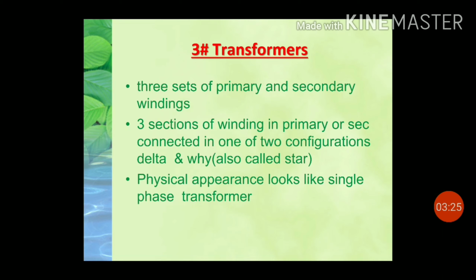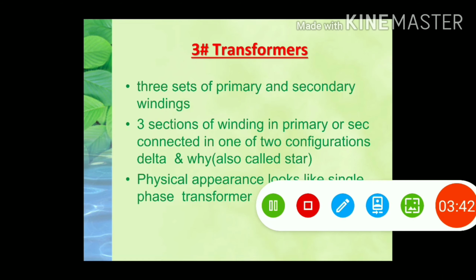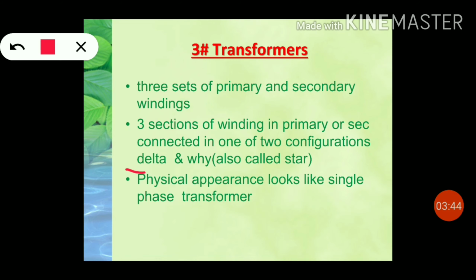A three-phase transformer has three sets of primary and secondary windings. The three sections of winding in the primary or secondary are connected in one of two configurations, either delta or Y, which is also called star configuration.